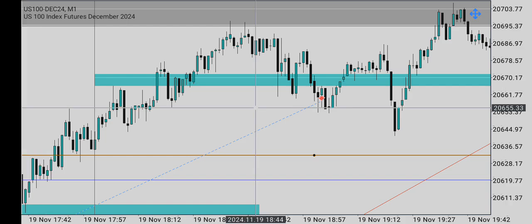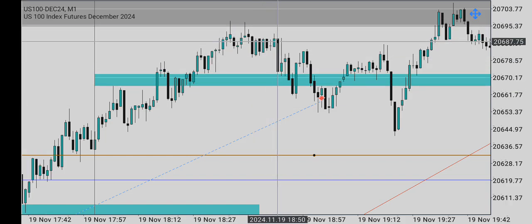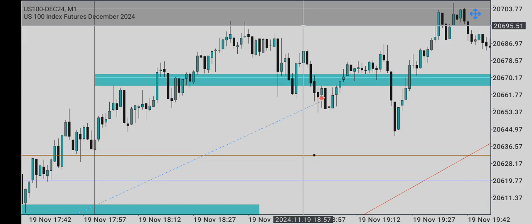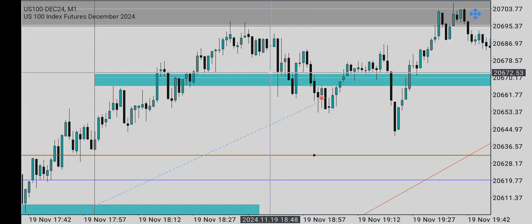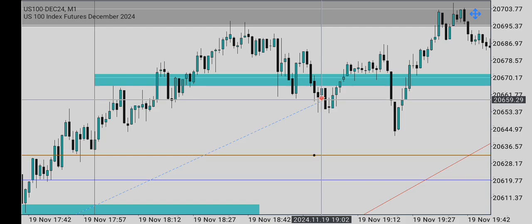My initial target was here, but I raised it to the buy side liquidity. When the price hit here, it came back, and when I saw the price going down, I had to take the rest of the trade that I was holding.